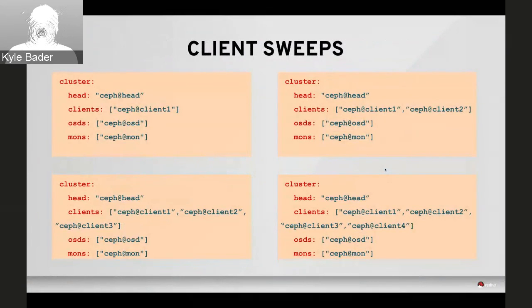So if you wanted to run four different client levels for your client sweep, you would create 4 different test plans. The first one you'd have 1 client, then 2, and subsequently 3 and 4. And then you can loop through the different test plans that you want to run, and that way you can get data points for different levels of clients.